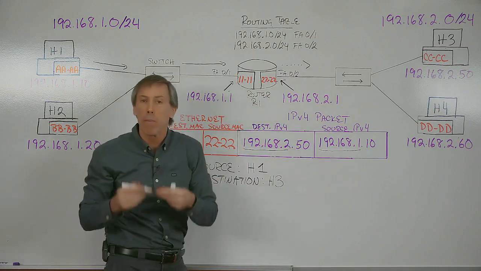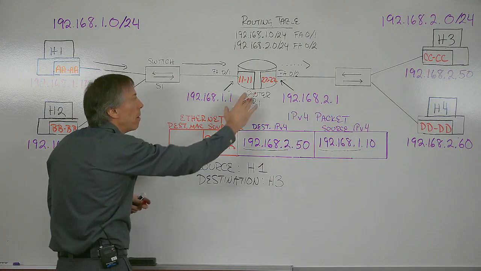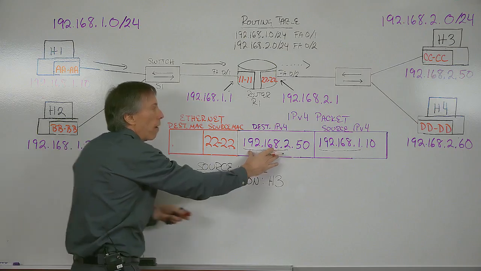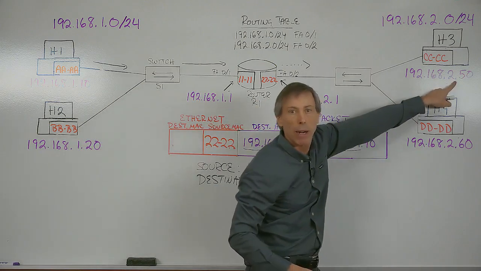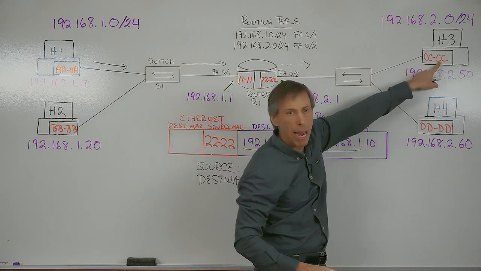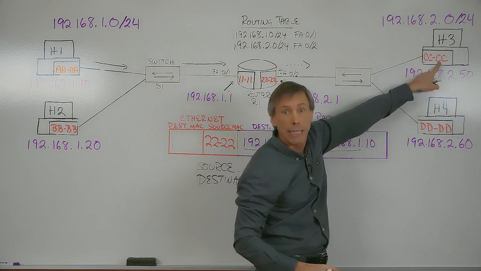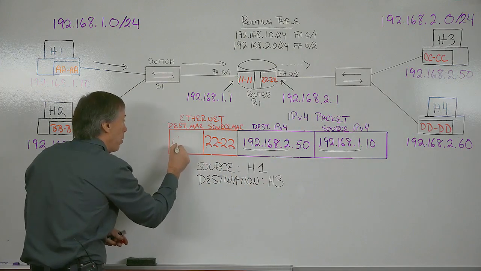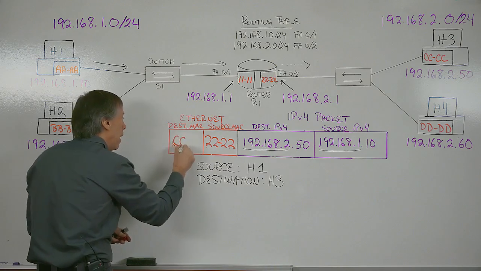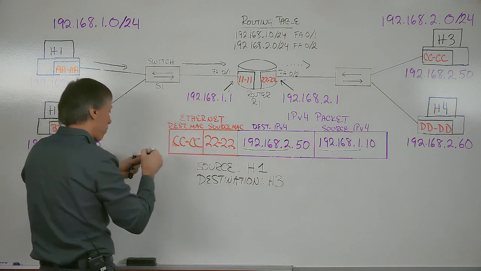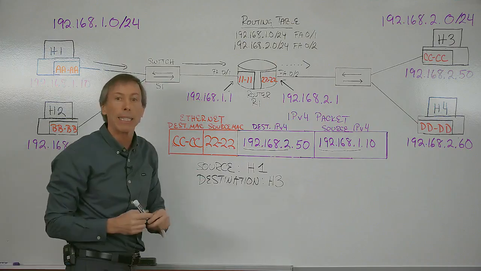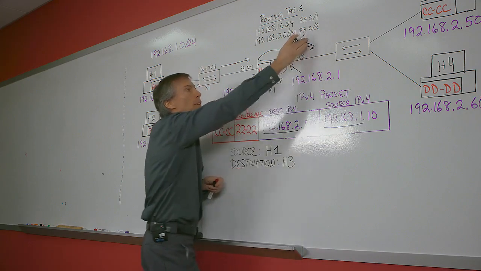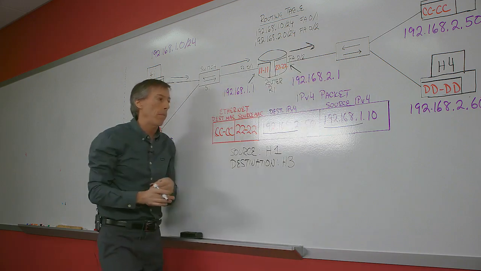And we're going to assume that it knows that 192.168.2.50, this device right here, has the MAC address CCCC. Again, that's abbreviated, but let's go ahead and use that. So now it can send this Ethernet frame out the FastEthernet 0/2 port.